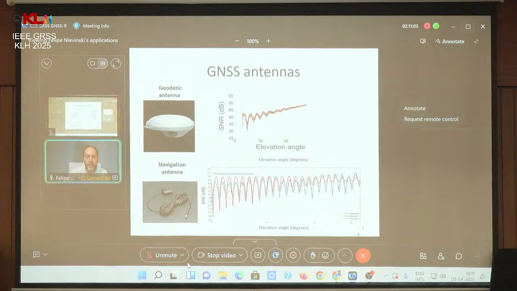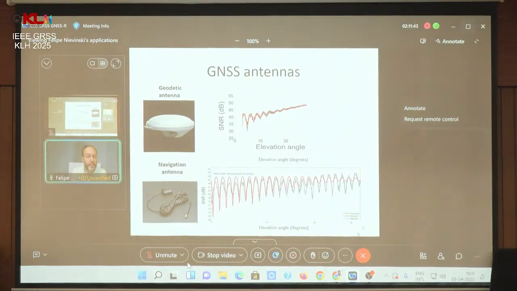Let me show you here: for a geodetic antenna, maybe above 30 degrees, you do not see any oscillations at all. And the useful range is probably below 20 degrees in this case. Whereas for a navigation antenna, oh my God, you get very deep oscillations even at high elevation. So that's very good for remote sensing applications and very bad for positioning applications.